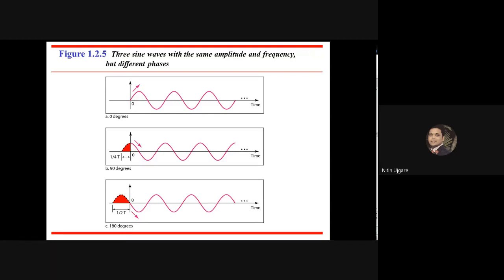So it indicates the status of the first cycle. Phase is measured in degrees, or it may be measured in radians, like 360 degrees, 180 degrees, 90 degrees, and so on. A phase shift of 360 degrees corresponds to a shift of a complete cycle, that means a complete period.